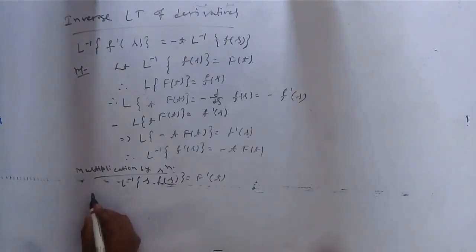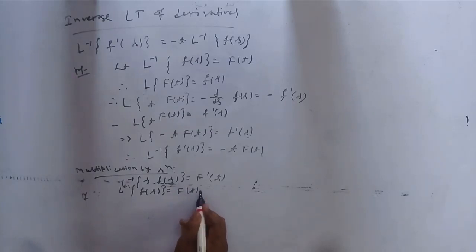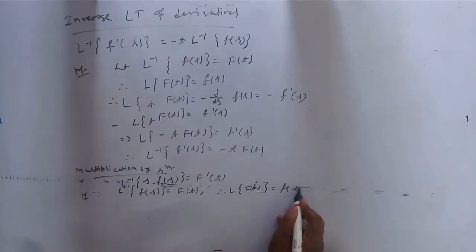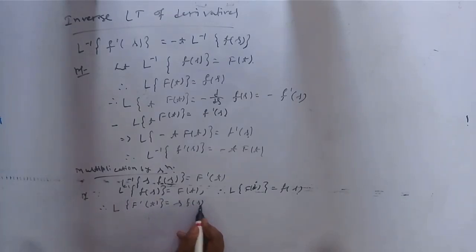Okay. So since L inverse of F(s) equals f(t), therefore L of f(t) equals F(s), therefore L of f dash (t) equals s F(s) minus f(0). We know this from Laplace transform.